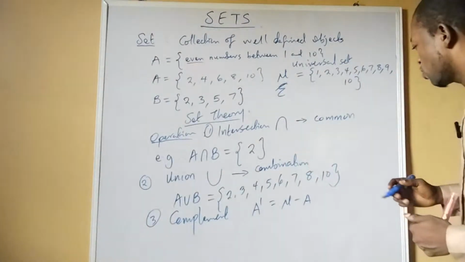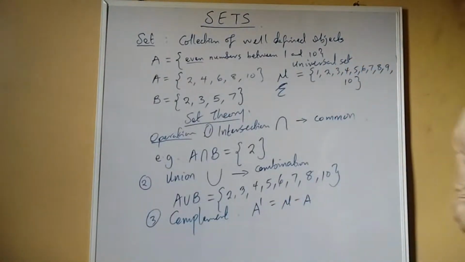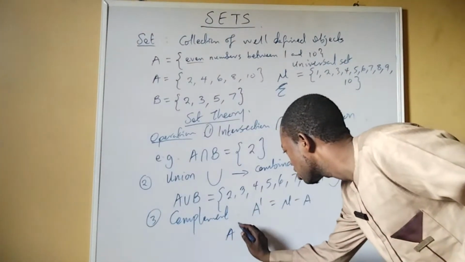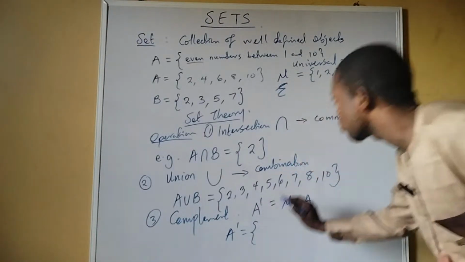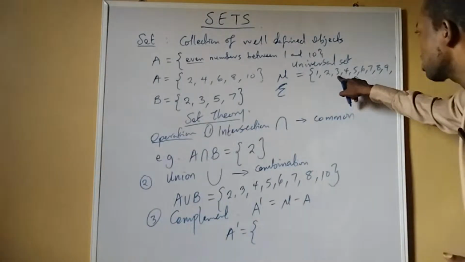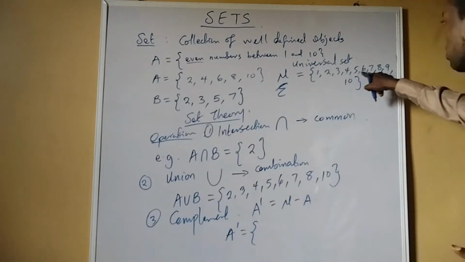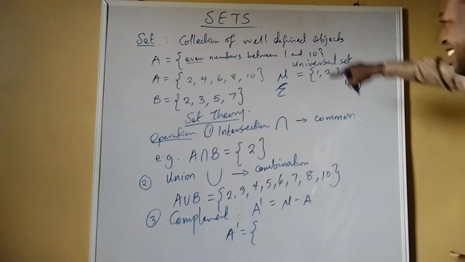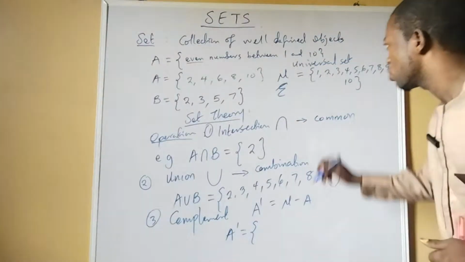So now we can write A complement out from the example we are looking at. It has to be 1, 3, 5, 7, 9. These are not inside A, but are in the universal set.